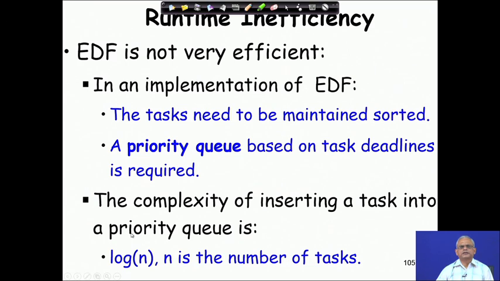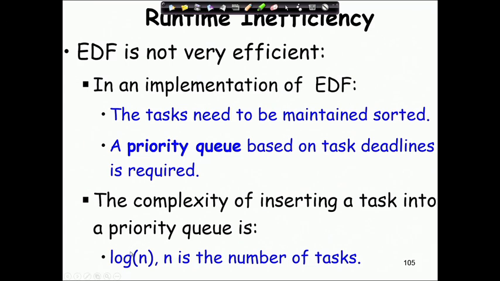Of course, selecting the highest priority task we can do in constant time, even using a priority queue. Our result is not very encouraging, and if you just use a simple linked list or a simple queue to maintain the tasks that are ready, then it will be O(n), which is still worse, and even if we use a priority queue, it is not really very encouraging.